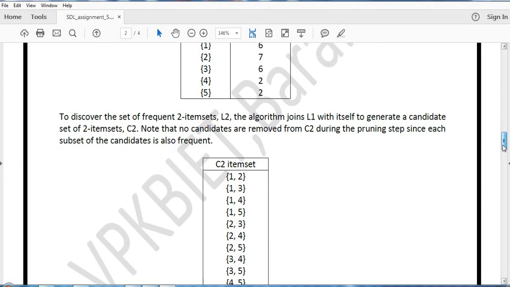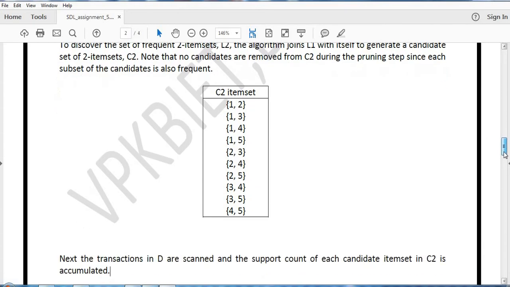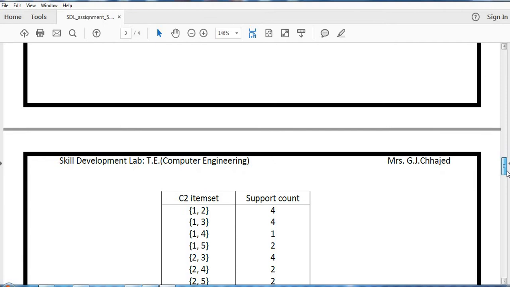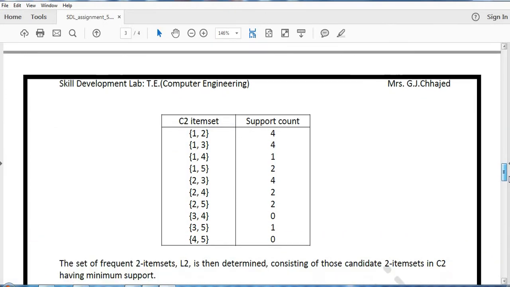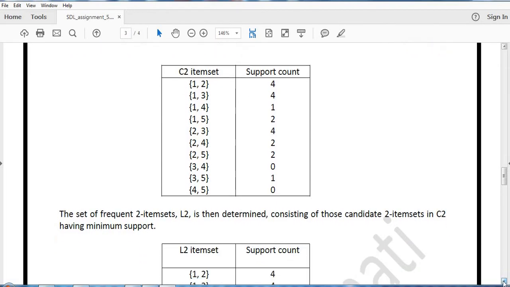All the possible combinations of 2 item sets will be your C2, and then you check the support count, that is, in how many transactions these 2 item sets appear.